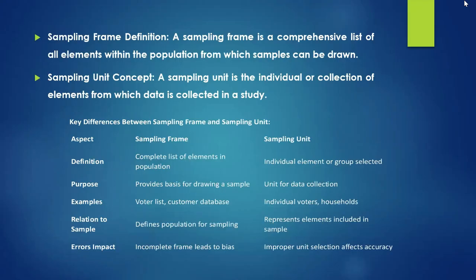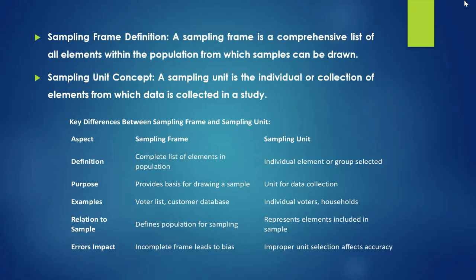Next, let us go and see sampling frame and sampling unit. So first we'll see about sampling frame. A sampling frame is a complete list of all elements or units in the population from which a sample is drawn. It serves as the source material or device used to identify the target population for sampling.